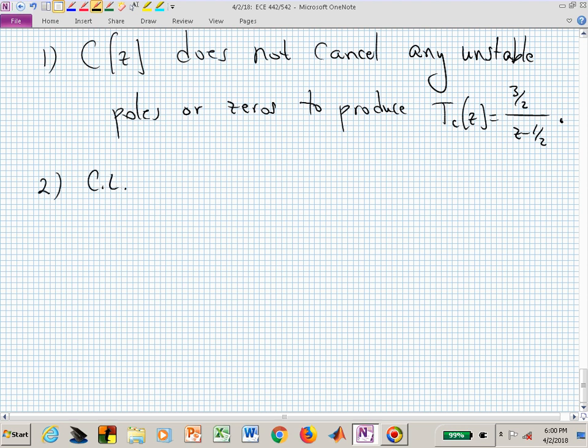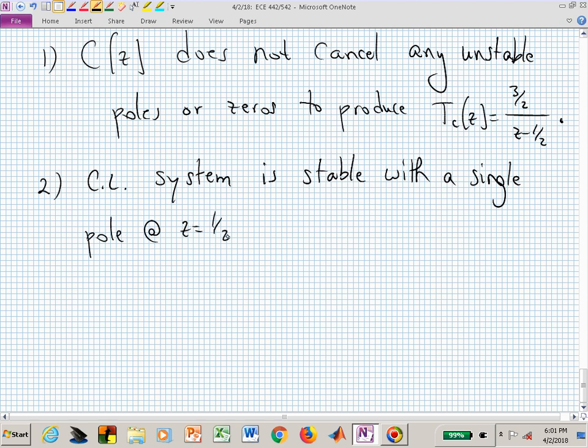Second observation is the closed loop system is now stable with one pole, with a single pole at Z equal to 1/2. If somebody said, well, what's the output going to look like due to an initial condition now in this closed loop configuration?